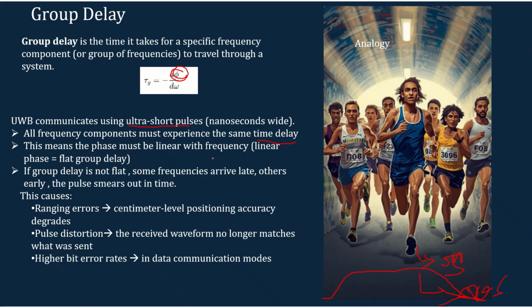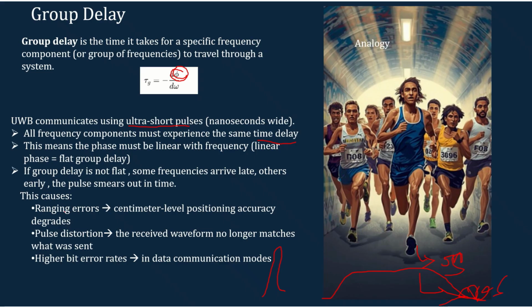So if the group delay is not flat, that means that some frequencies arrive late. Similar to the marathon runners, if the people coming at this position are delayed, it is dispersed, right? So the pulse smears out in time. Our narrow pulse will get smeared out.